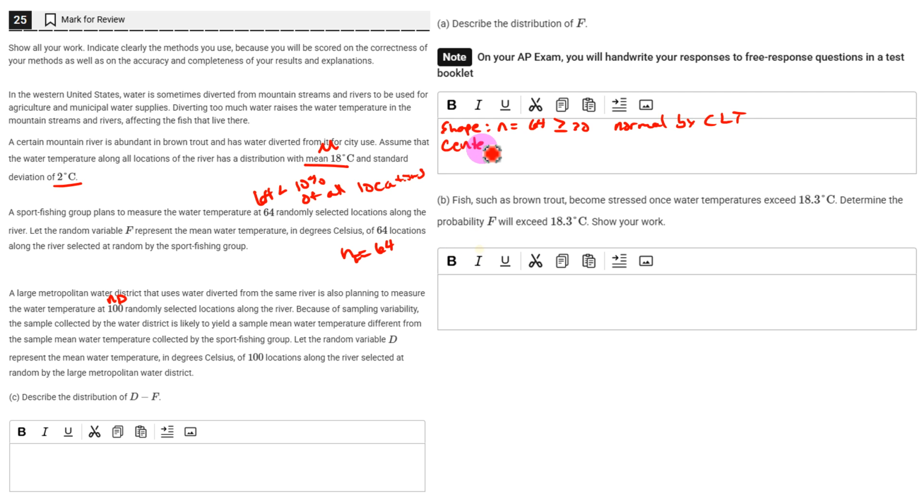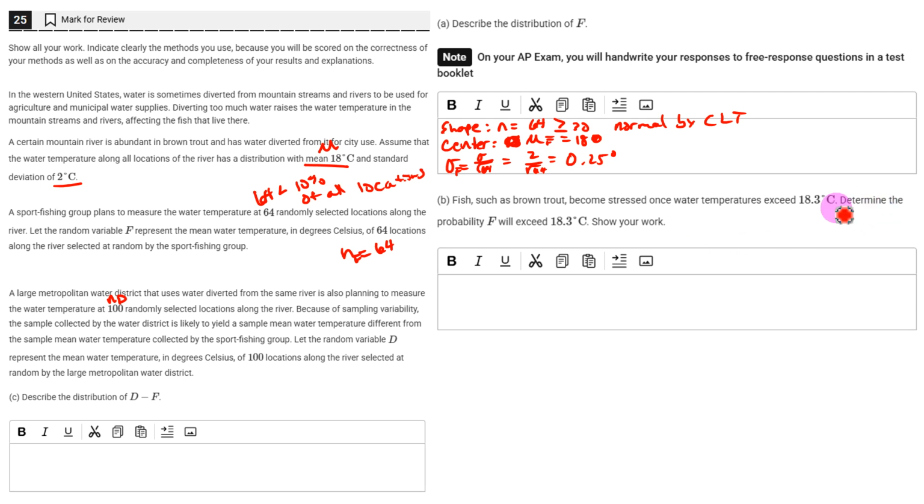The center should be 18 degrees: mu of F is 18 degrees Celsius. And the standard deviation of F would be the standard deviation over the square root of 64. So we're talking 2 over the square root of 64, which should equal 0.25 degrees.